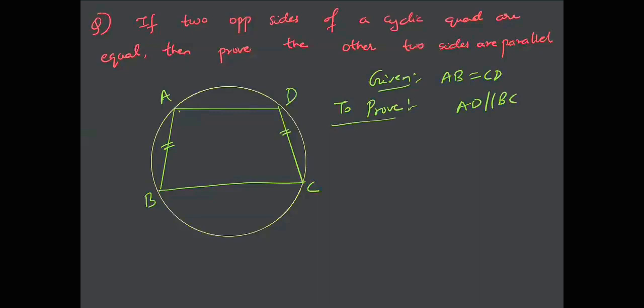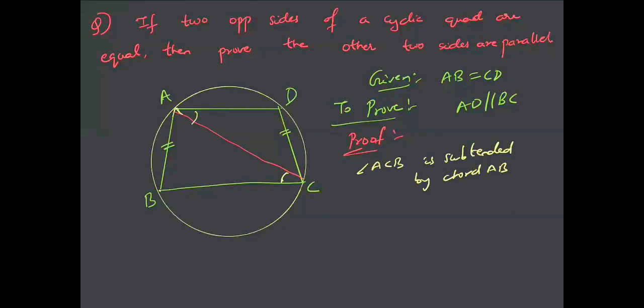So I'm joining AC. We need not join BD, let us only join AC. If you join AC, angle ACB is subtended by chord AB, and angle CAD is subtended by chord CD.